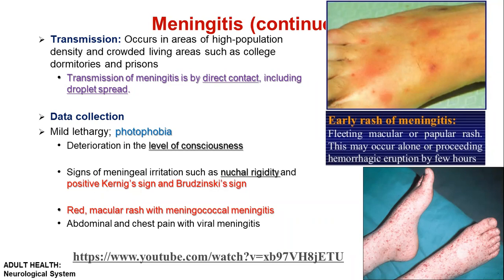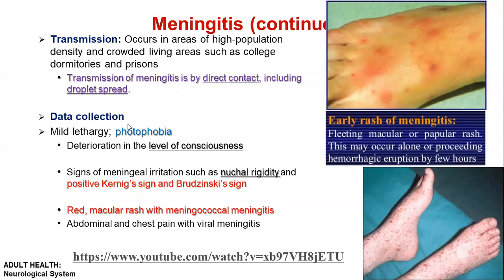So what are the signs and symptoms of meningitis, or data collection? In this picture, you can see the early signs of meningitis, including a macular and papular rash. Right? This is the small rash, macule or papule.